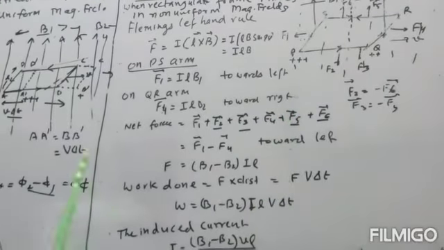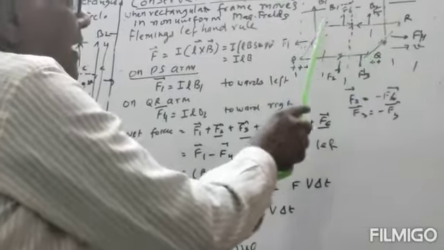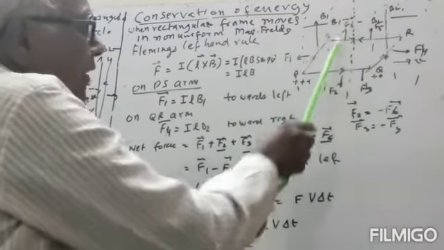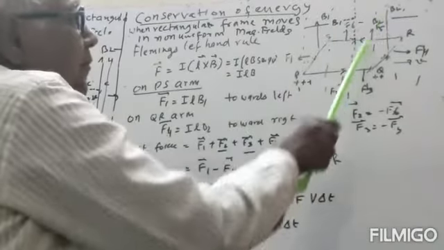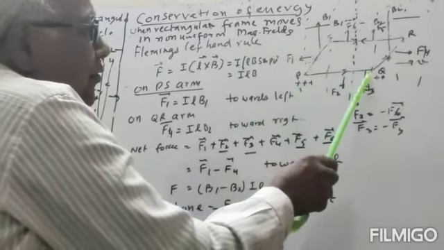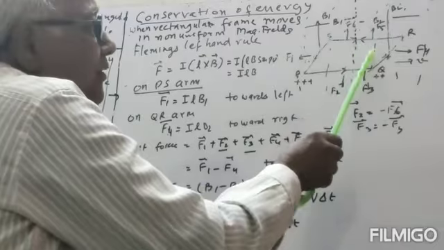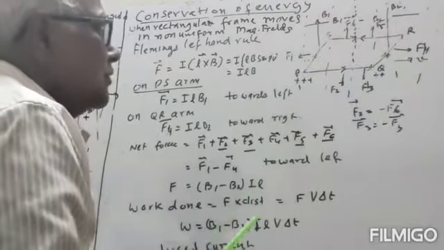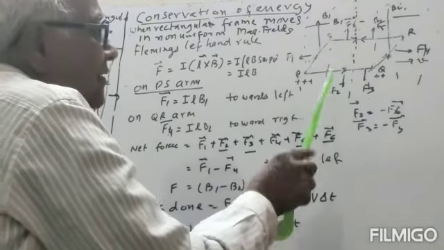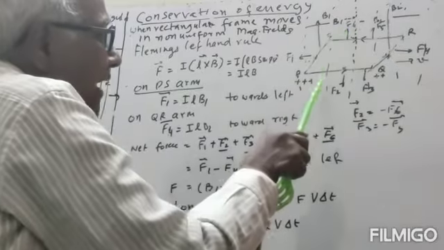Now we will consider the branches PQ and RS. For the PQ branch, in half the portion the magnetic field is B1 and in half the portion the magnetic field is B2. The direction of current from P to Q and from R to S are in opposite directions. So for this half portion, suppose we consider the forces F2 and F6.